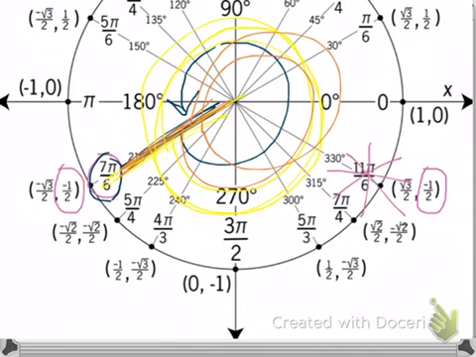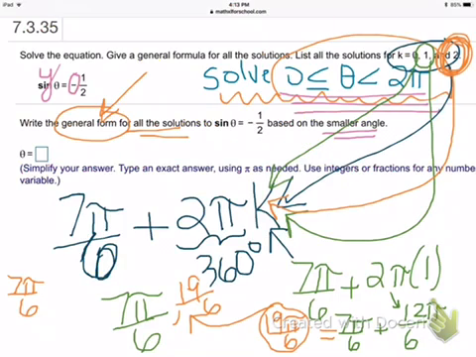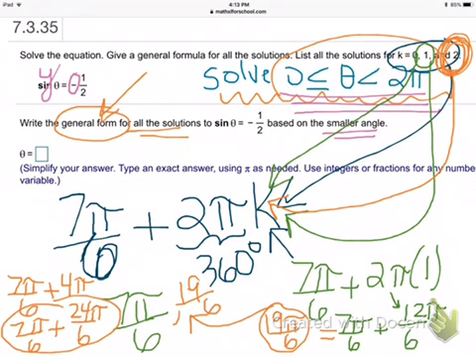Notice when we add 4 pi to this, we end up in the same place. So 7 pi over 6, and if I want a denominator of 6, that would be 24 pi over 6. And these two add to get 31 pi over 6, which would be the third solution.